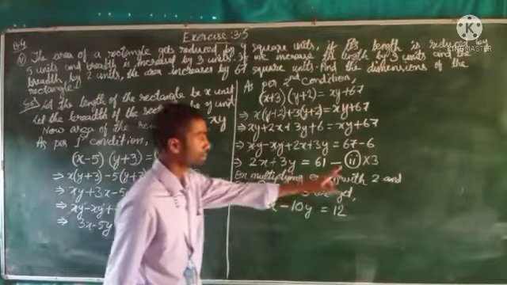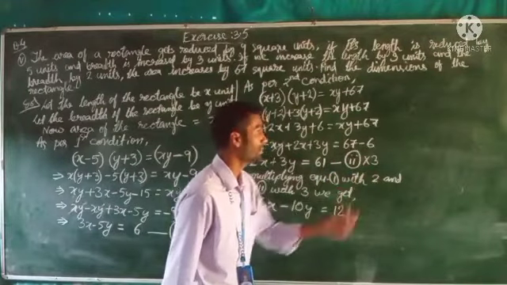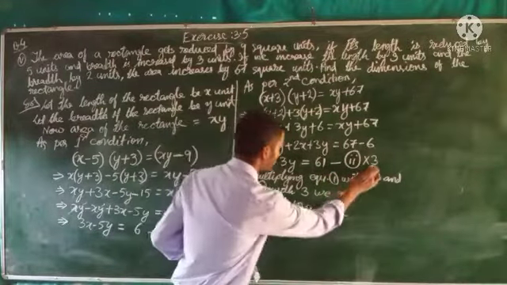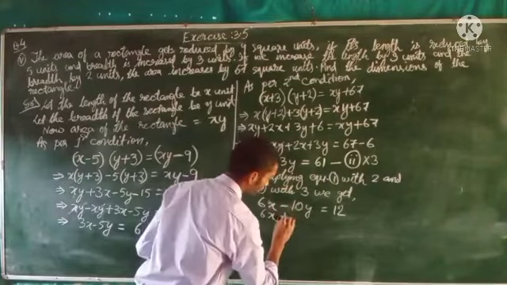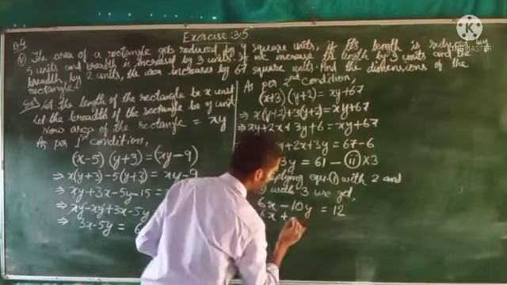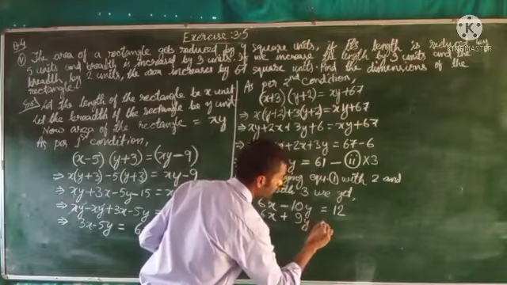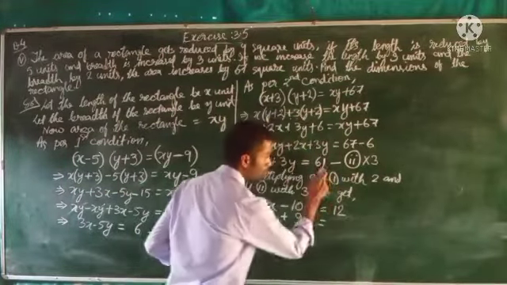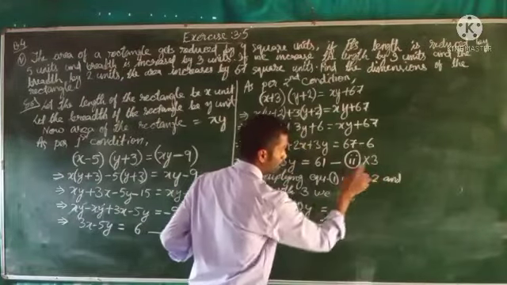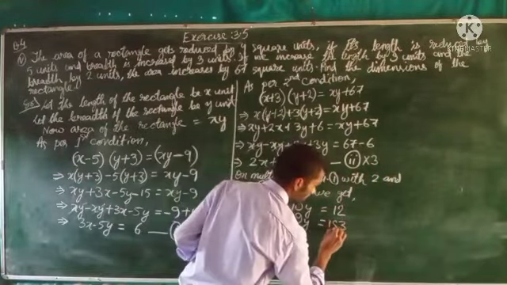Now equation 2 also we will multiply with 3. So 3 into 2, 6x plus 3 into 3, 9y is equal to 61 into 3. 1 into 3, 3. 3 into 6, 18.